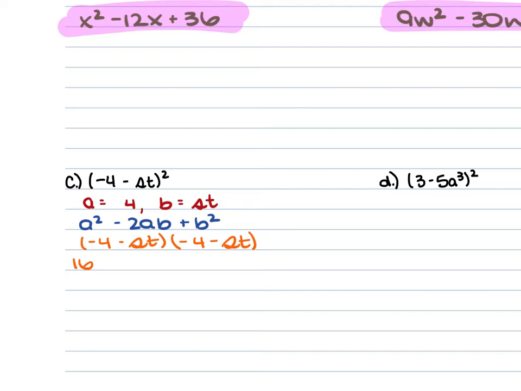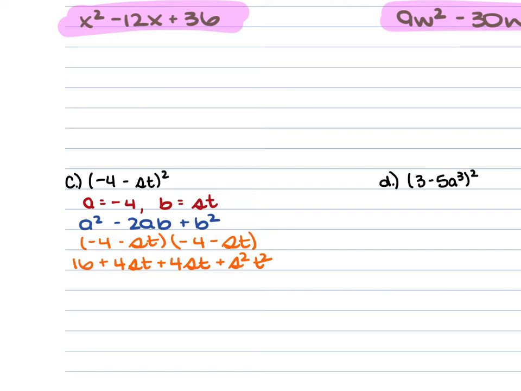Negative 4 times the st is a positive 4st. And the negative st times the negative 4 is a positive 4st. And then this becomes a positive s squared t squared. So this negative is going to stay with the a. So that way it turns that negative 2 into a positive 2 in the middle of that trinomial there.